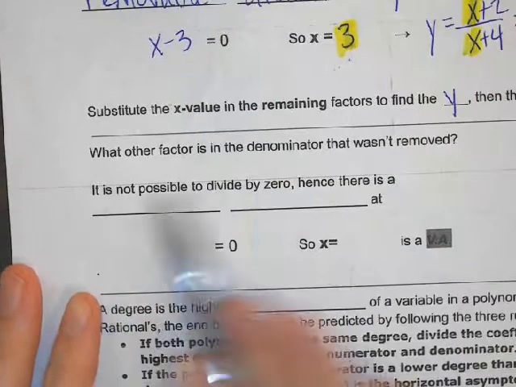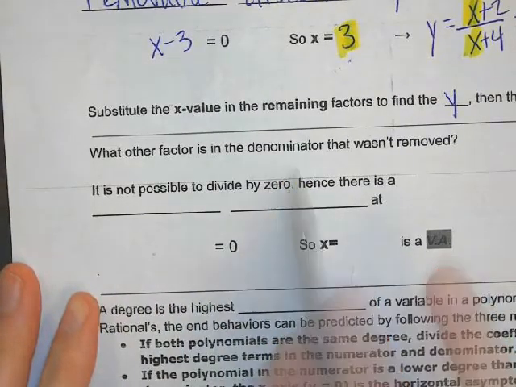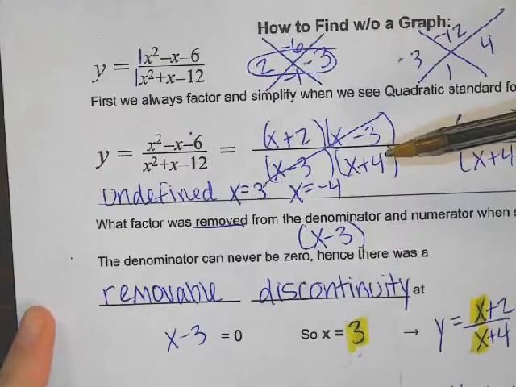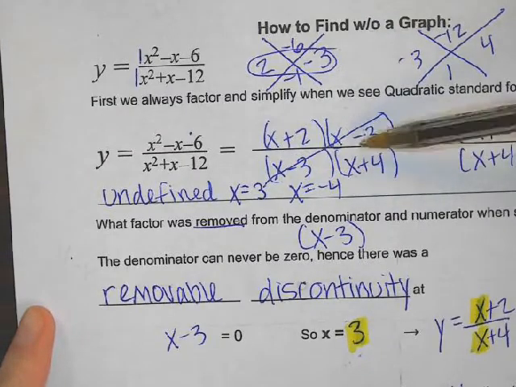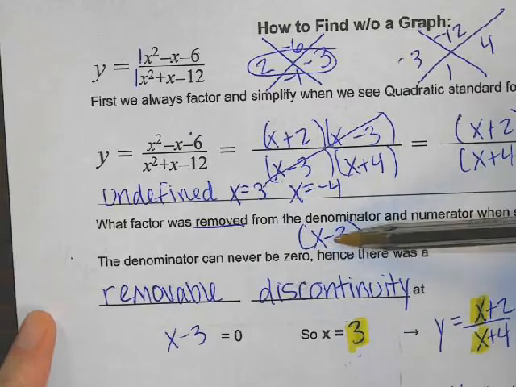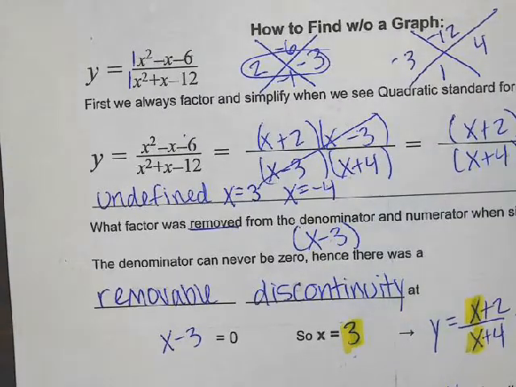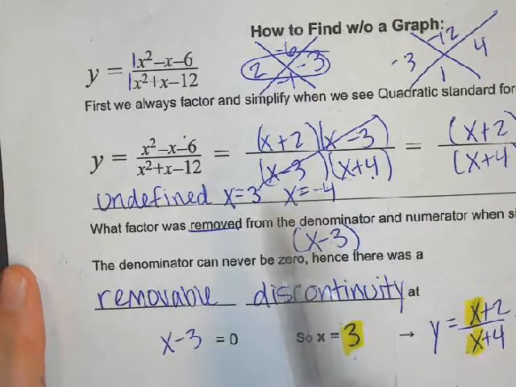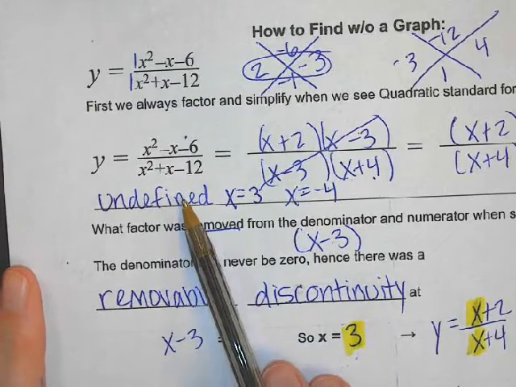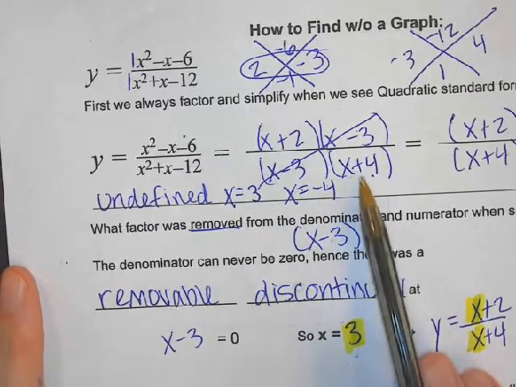Okay, so the next portion is even easier. What other factor was in the denominator, but did not get removed? So if you look back up here, in our denominator, we removed the x minus 3. We already took care of that discontinuity. We said that that represented a hole in the graph. But there was still some other factor that caused this equation to be undefined. And that took place with that x plus 4 factor.